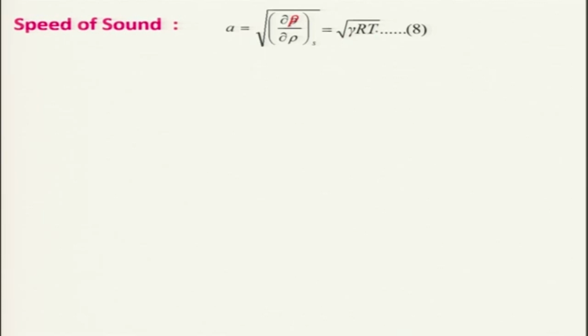Gamma is your specific heat capacity ratio. R is the gas constant, as I told earlier, and T is the temperature.